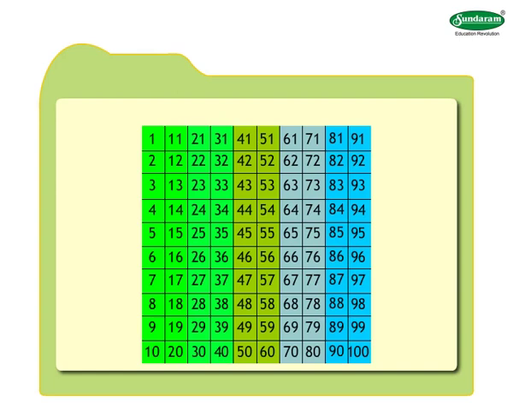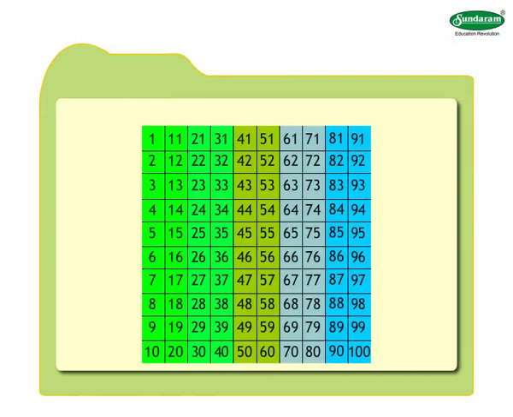After 20, we read the numbers as 2 1 21, 2 2 22, 2 3 23, 2 4 24, 2 5 25, 2 6 26, 2 7 27, 2 8 28, 2 9 29, and then 3 0 30. Similarly, we read numbers till 99 and then 100.